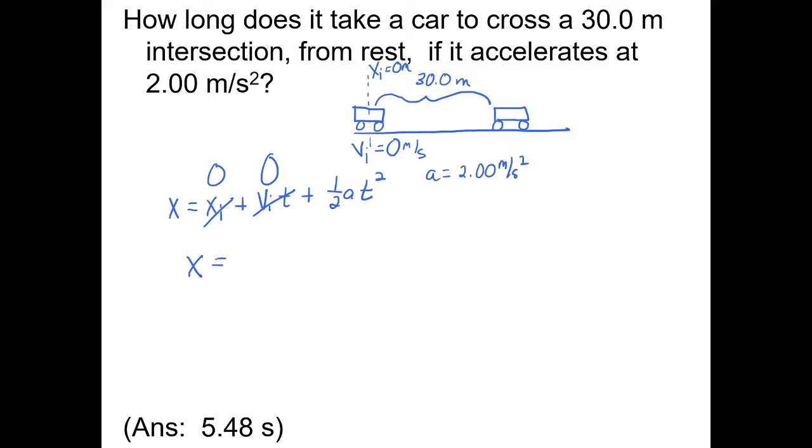The position equation is not as scary as it looks, because it collapses down to that. Now, we're interested in how long. We're interested in the time, the t. So let's multiply both sides by 2.